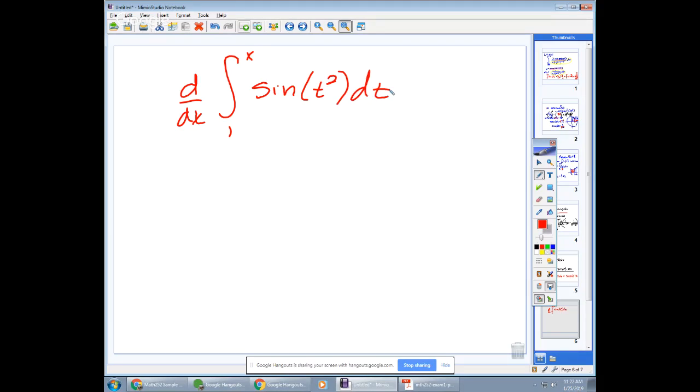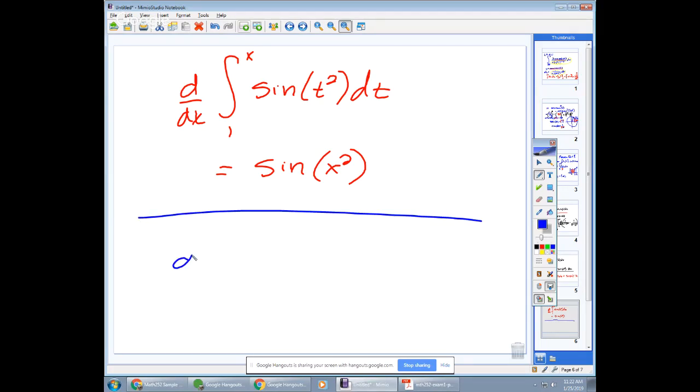So the fundamental theorem just says, hey, rewrite that with an x. So that's the sine of x squared. And since that's just an x, I'm done. That's it. That's the answer for the first one.